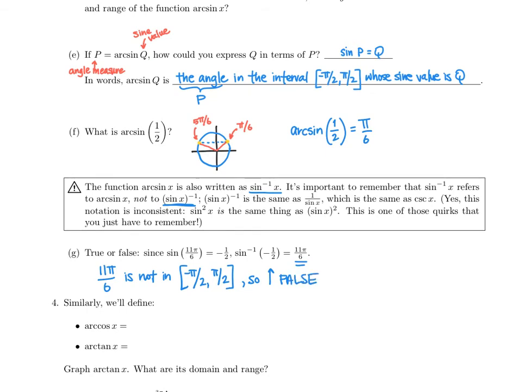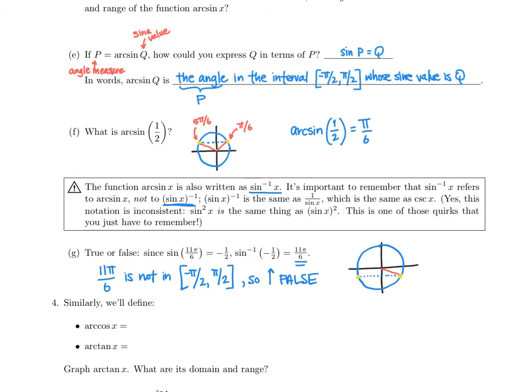Now, what would the actual arc sine of negative 1/2 be? Well, if pi over 6 had positive 1/2, right? Negative pi over 6 would give you negative 1/2. I'm going to try to draw this onto a unit circle here. Here are two places on the unit circle that have a sine value of negative 1/2.